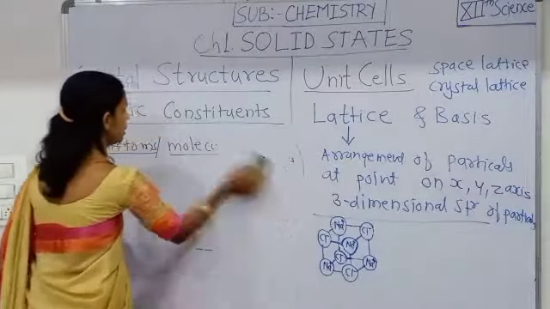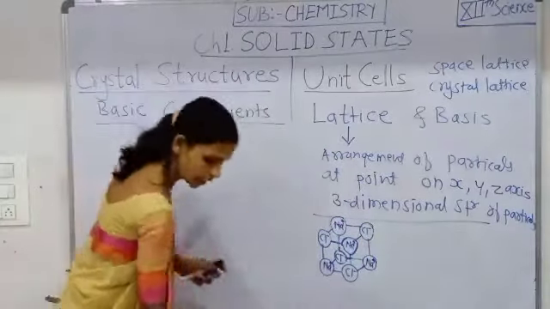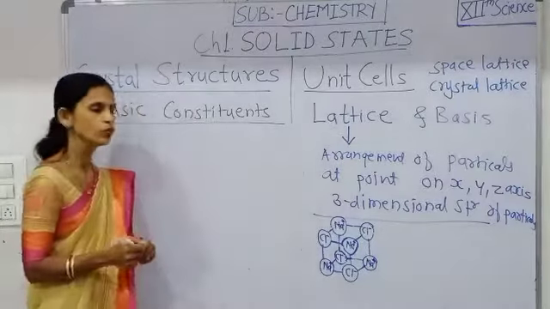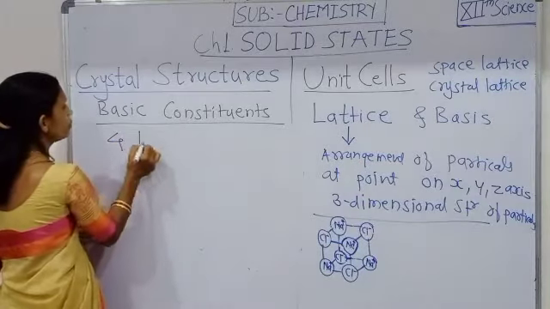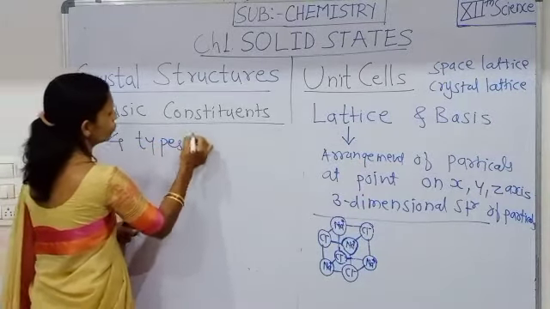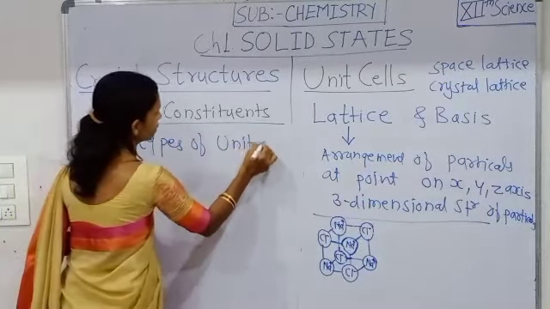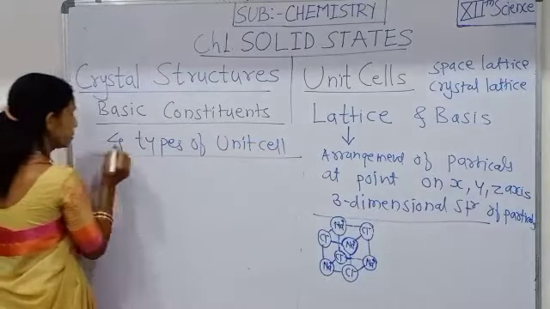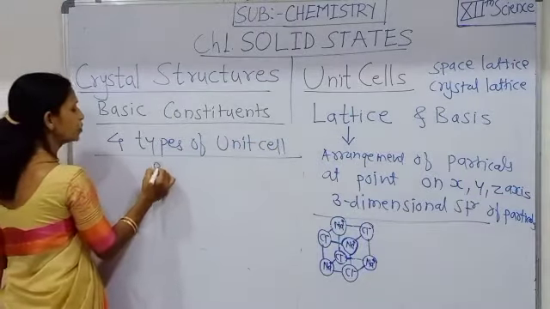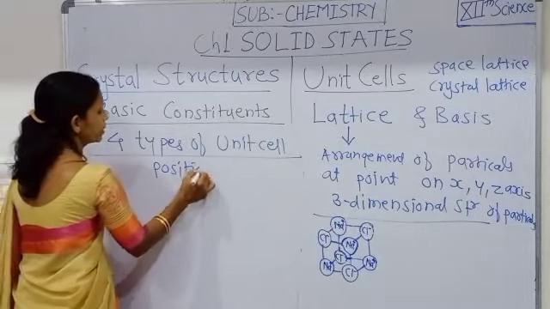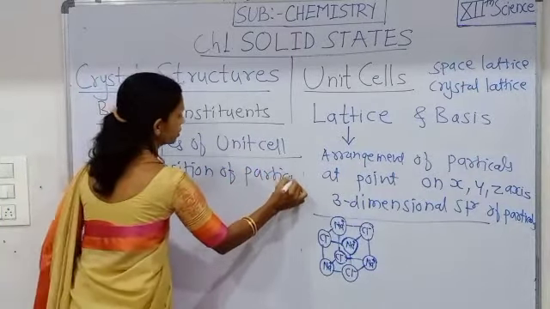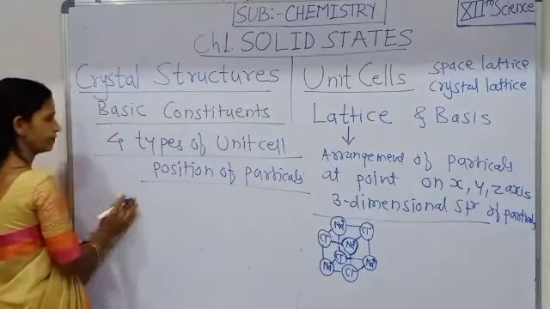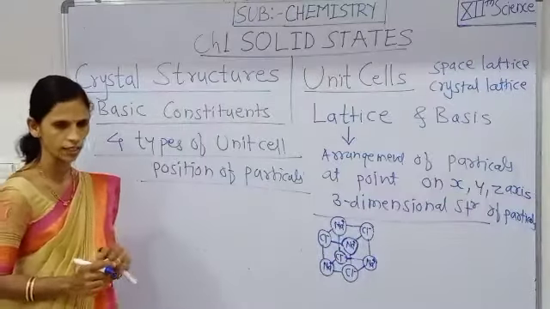That means there are different types of unit cells, generally of 4 types, which are based on the position of the particles present in the unit cell.